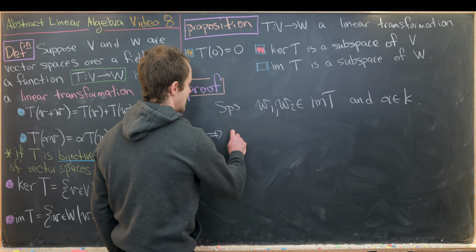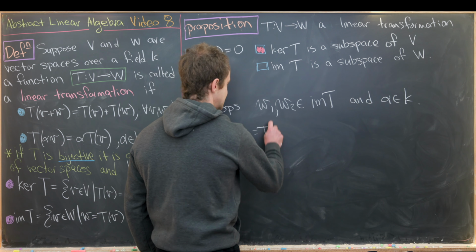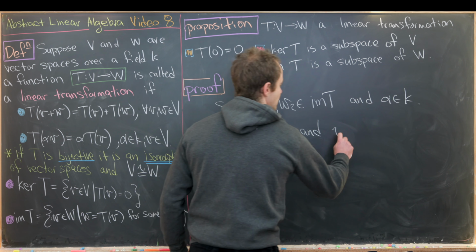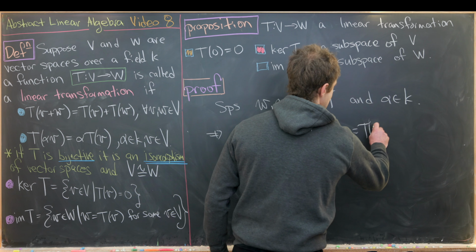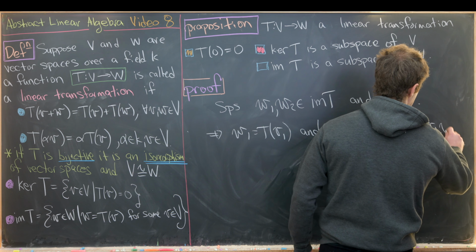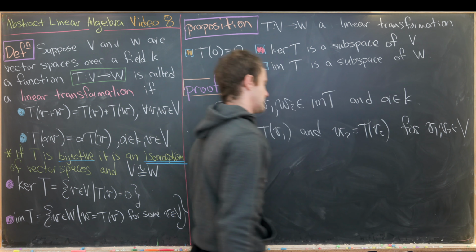Well, that means that w1 is equal to T evaluated at v1, and w2 is equal to T evaluated at v2 for v1 and v2 in V.